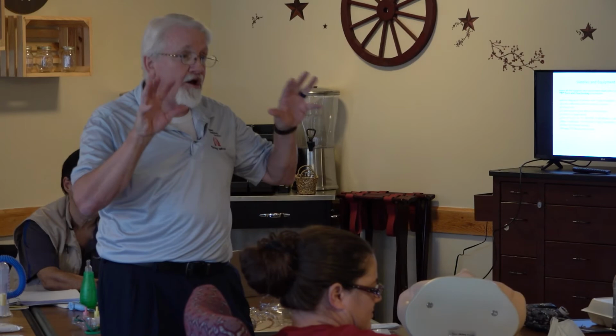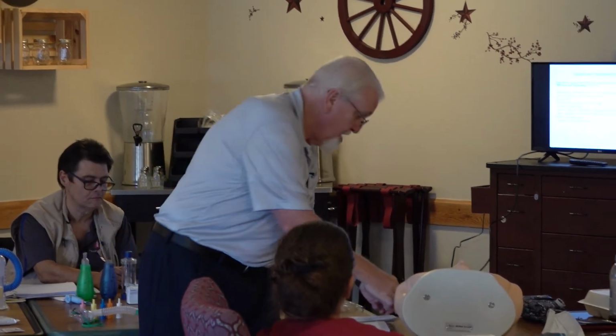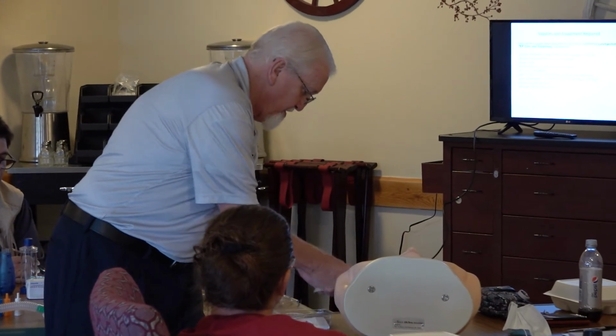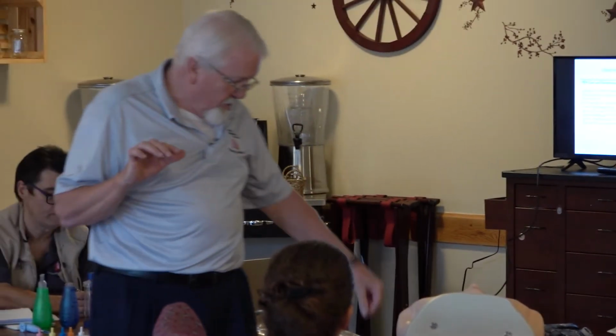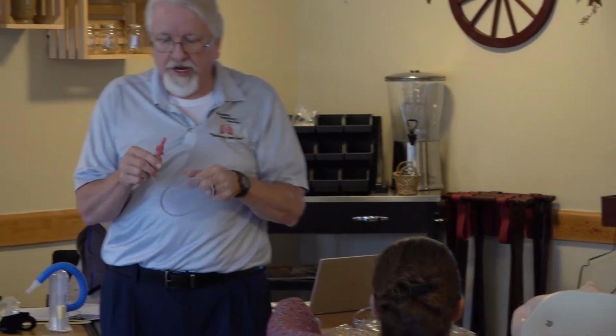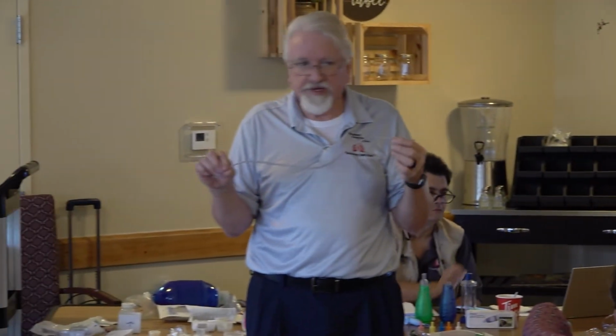The next thing I'm going to do is go ahead and put my sterile gloves on. Right now I have sterile gloves. I ripped that lid off. I've got my sterile gloves on, and I'm going to get the catheter out. Right now I can do anything I want to do with this catheter.